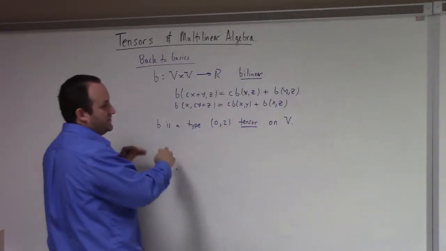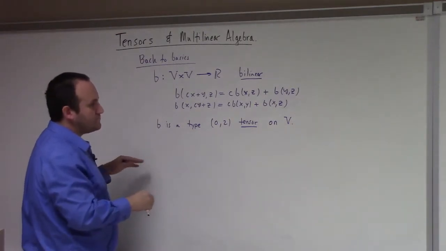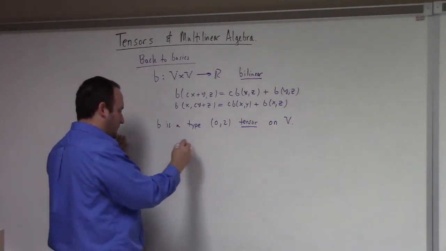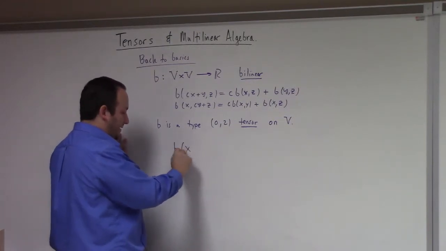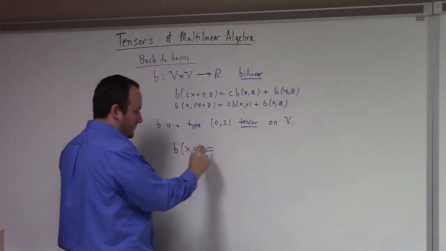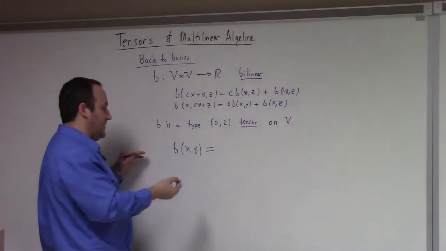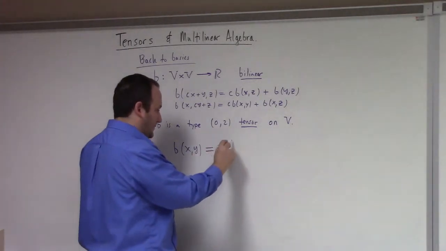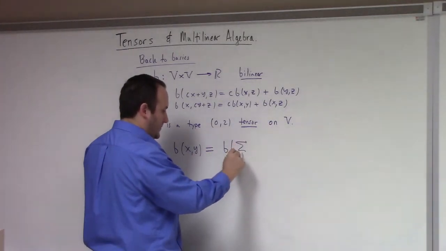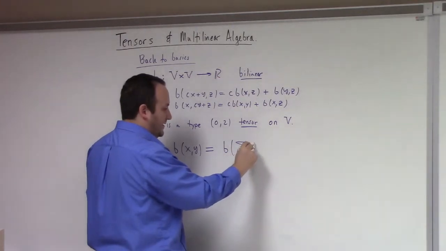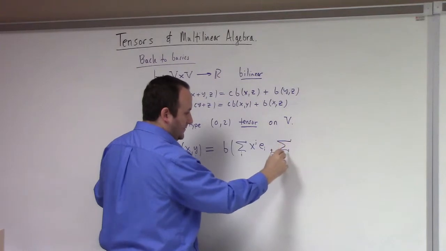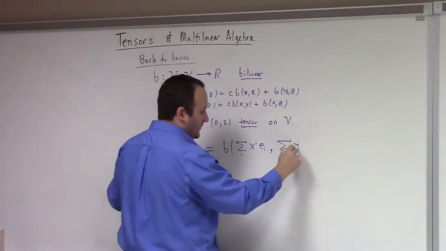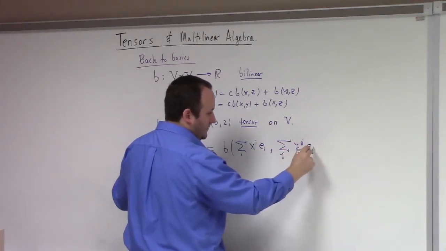Now, just a little bit more on this one. So just what does a tensor look like? Well, if we look at B acting on x comma y, let's look at the basis. This is B acting on the sum over i of x^i e_i, and the sum over j of y^j e_j.